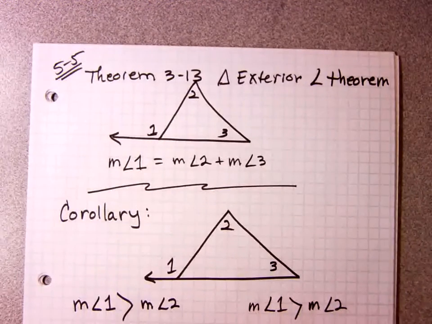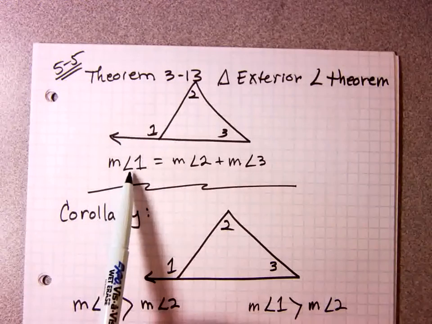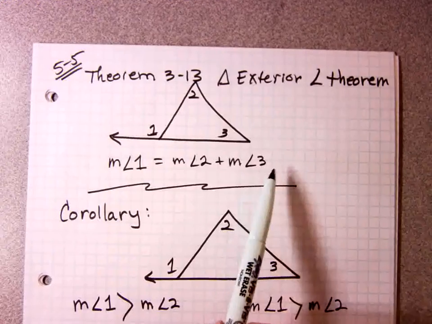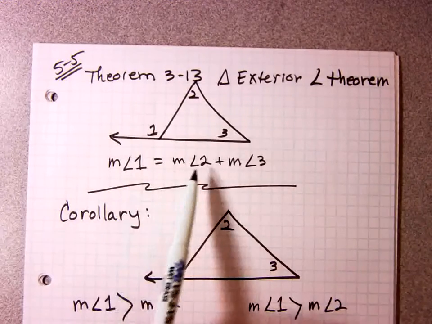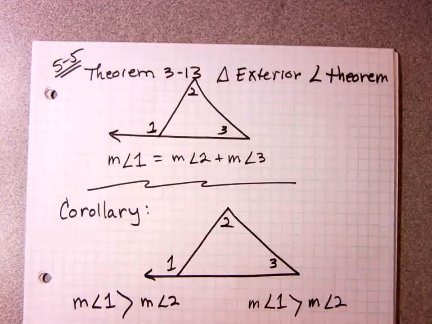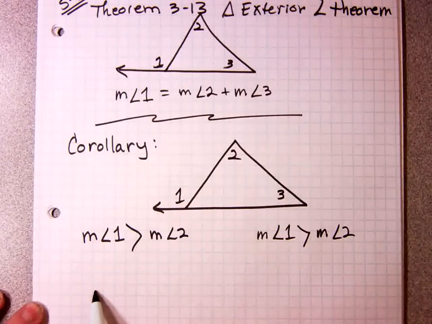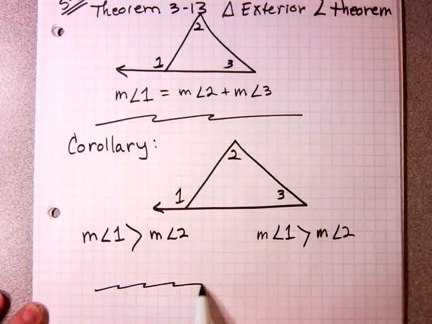Hopefully that makes some sense to you, because if angle 1 is equal to 2 and 3 combined, then it must be greater than each of them individually. So that was a corollary.